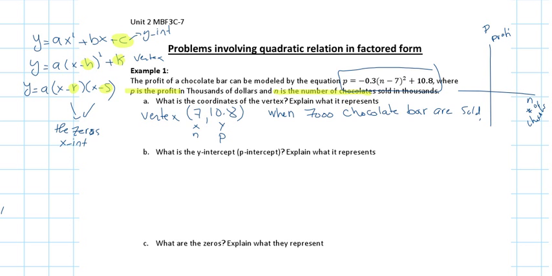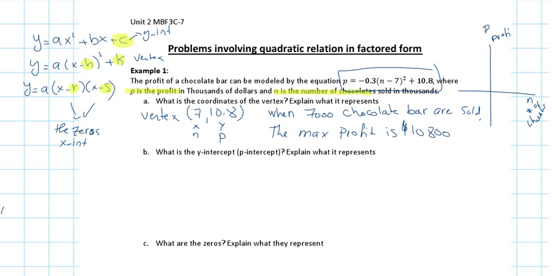What number represents P in the vertex? 10.8. So 10.8 thousand is actually 10,800, yes? So when 7,000 chocolate bars are sold, the maximum profit is $10,800. Vertex represents your maximum or minimum point. You guys agree with that?